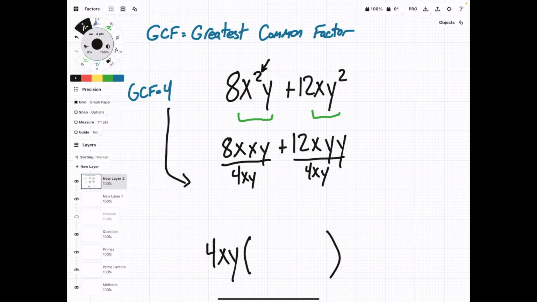And what we discover is that x's cancel. This becomes a 2. And so our first term is going to be 2x plus, we can do some more canceling on the right side. This x cancels, y cancels. 12 over 4, this becomes 3. And so our second term is 3y.